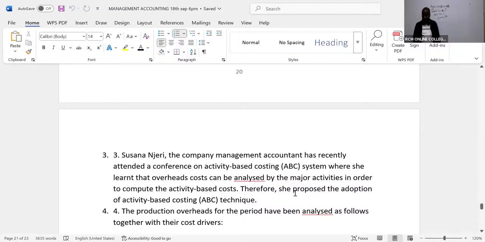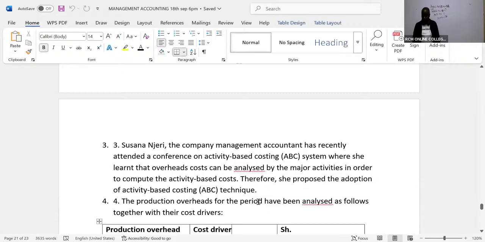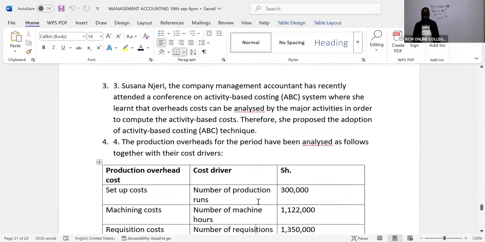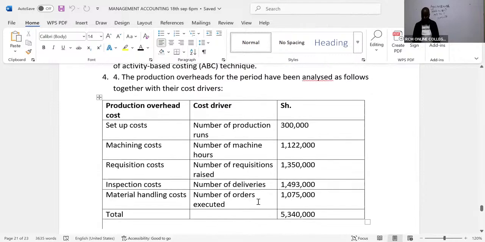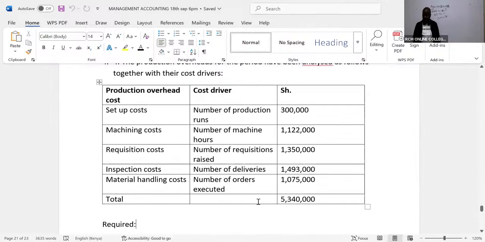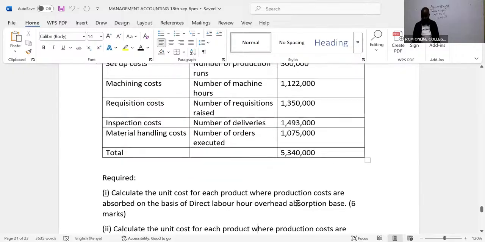Therefore, she proposed the adoption of ABC technique for the production overhead for the period, which have been analyzed as follows. And you can see the total overhead is 5,340,000.